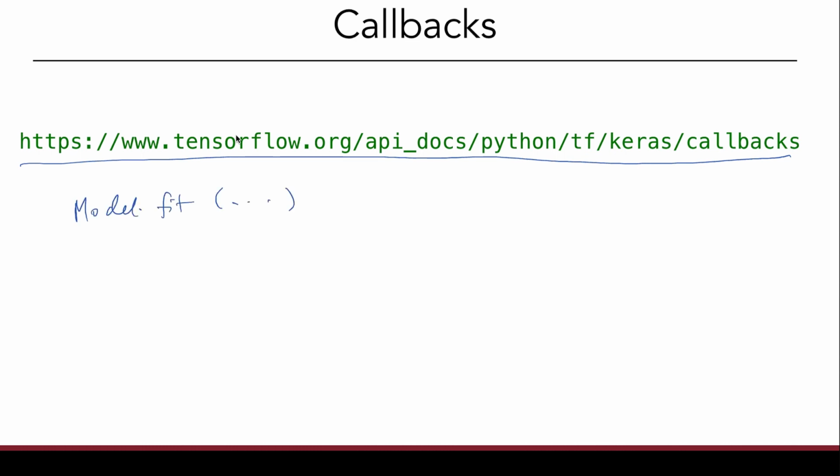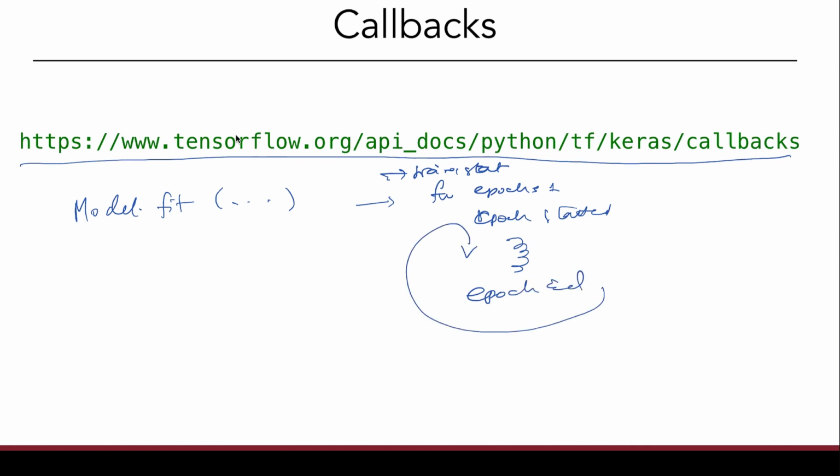with certain parameters, your deep neural network is going through epochs. It says training start, right? And then epoch start, epoch started training, and then it'll do all the processing, epoch ended, and then it'll go through the process until it reaches the end.